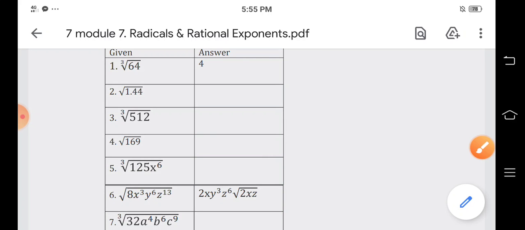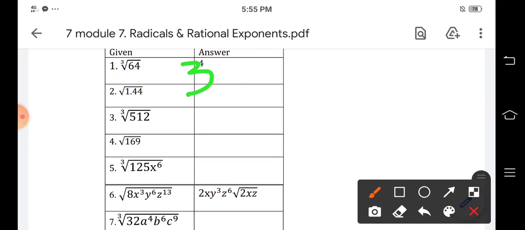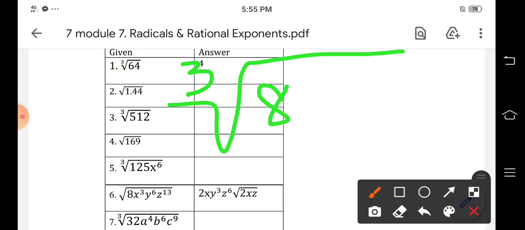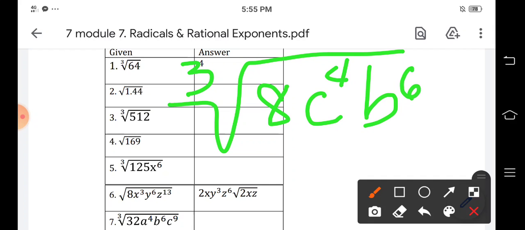Now what if we have the cube root of, let's say, 8 c to the fourth, b to the sixth, and d to the seventh power.